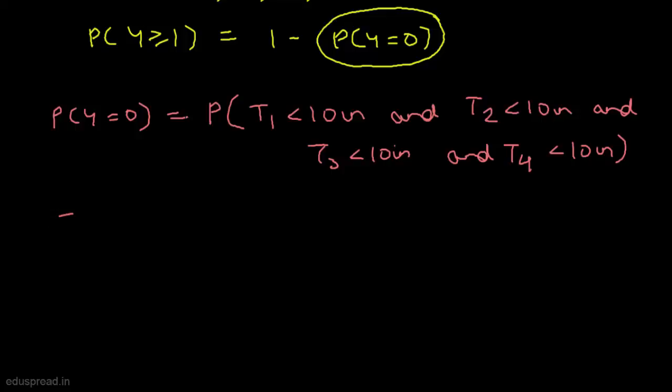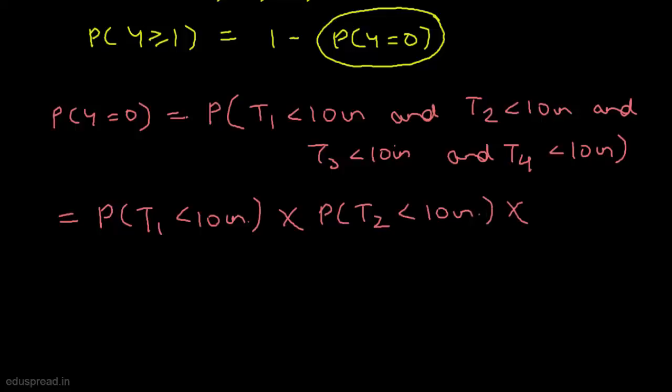So we can write that the probability that y is equal to 0 is equal to the probability that T1 is less than 10 inches, multiplied by the probability that T2, that is tree 2, is less than 10 inches, multiplied by the probability that T3 is less than 10 inches, and multiplied by the probability that T4 is less than 10 inches.